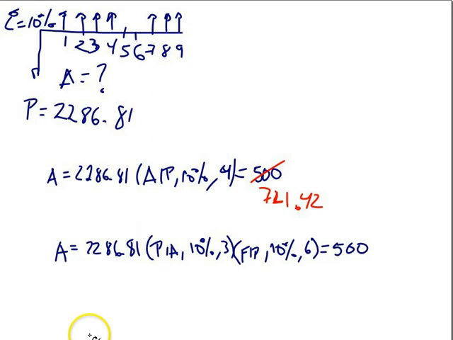In the second example, now they expect that 2286, when multiplying the factors P given A, 10% and 3, times F given P, 10% and 6, they expect that to be 500, and they have a surprise.